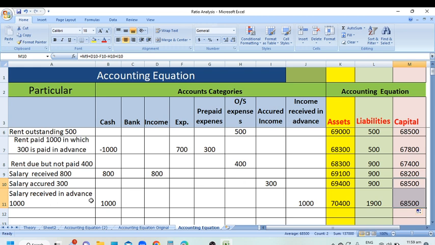Salary received in advance, it doesn't belong to the current period, that's why it doesn't affect here, but it is considered as a liability because we receive in advance, so maybe we have to pay back if we don't give the services to them. So it will affect here as well because everything comes under the cash or bank, it will affect the asset definitely, with no excuse.